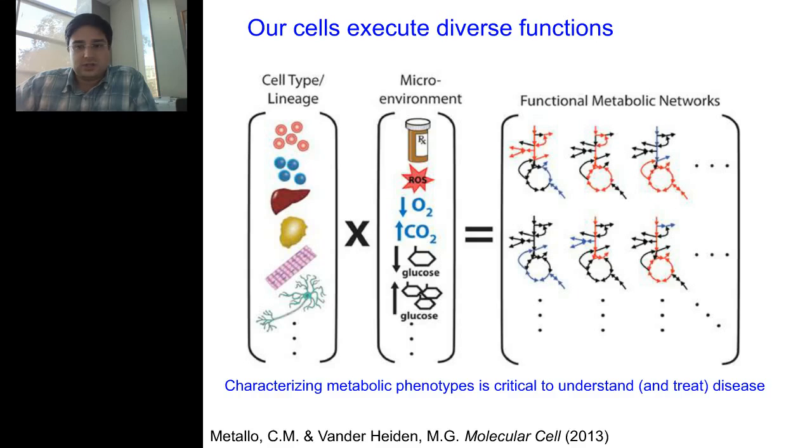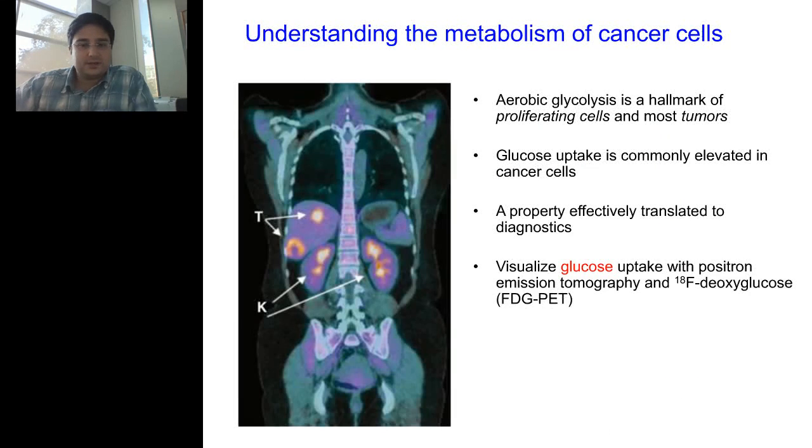This is particularly true in the case of cancer, where we know that tumor cells exhibit very different metabolism than surrounding normal tissues. As I noted, aerobic glycolysis is exhibited by most cancers and proliferating cells as well, and this is indicated by increased glucose uptake.